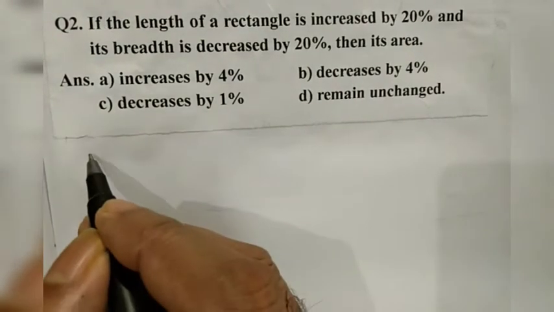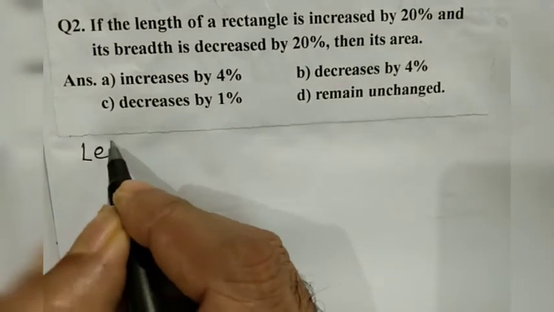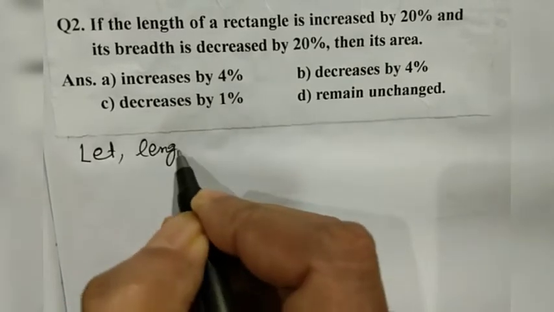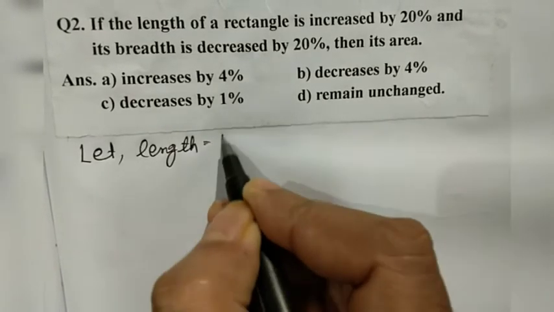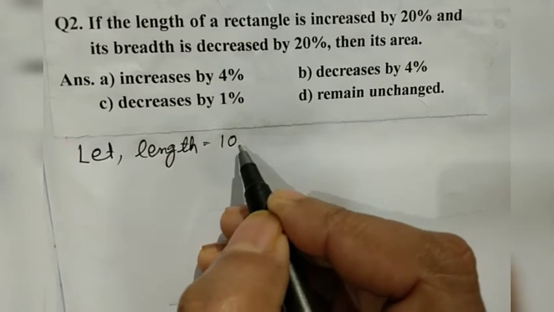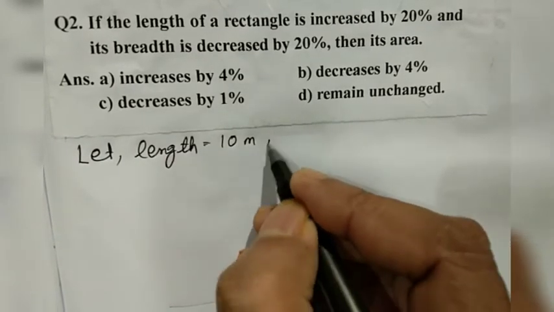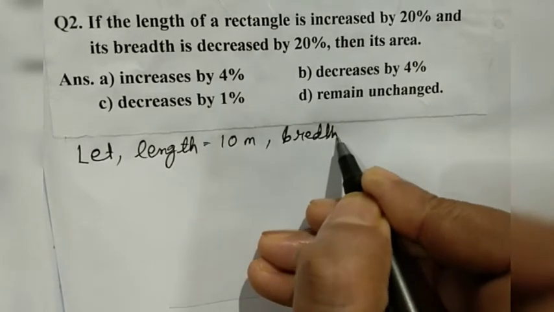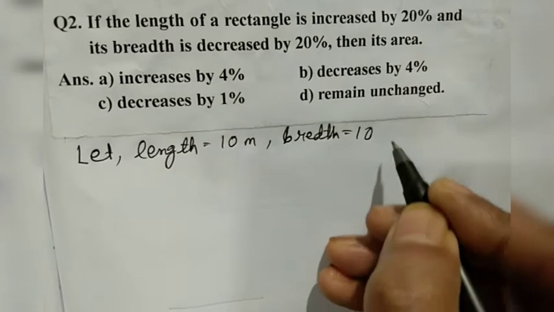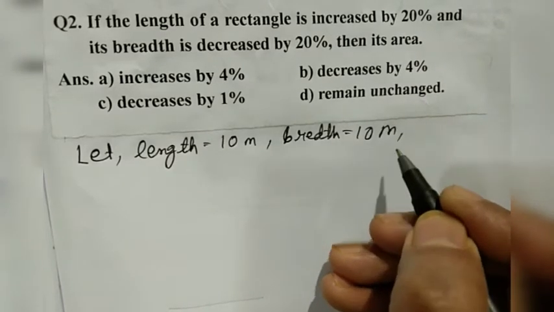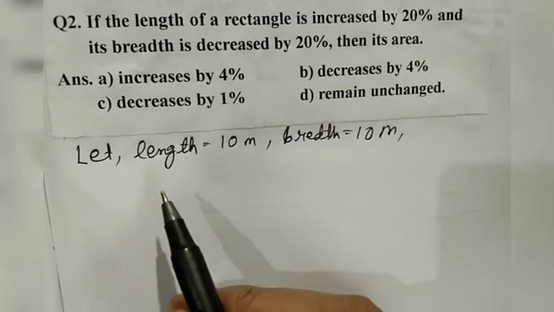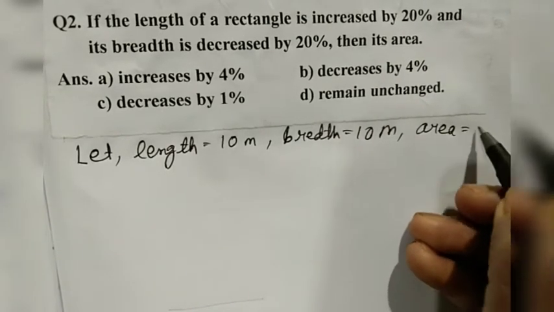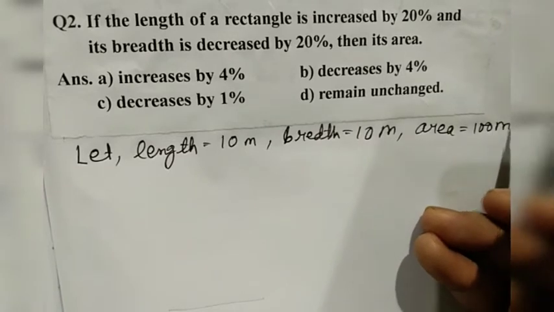Okay, let length 10 meter and breadth 10 meter, then its area 10 into 10, area 100 meter square.